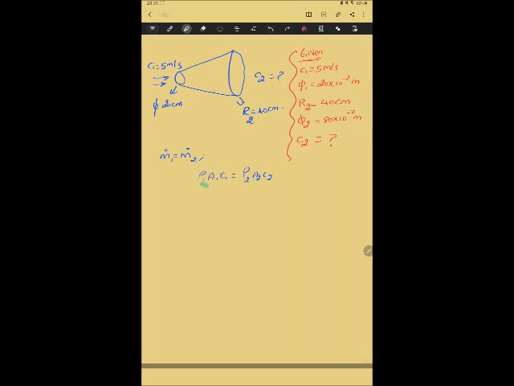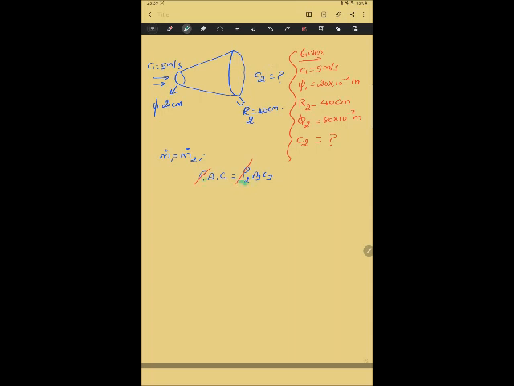Mass flow rate equation is nothing but m dot is rho A C. So I have written it as m dot 1 is rho 1 A1 C1 equals m dot 2 is rho 2 A2 C2. Since the density of the liquid entering and exiting is the same, I've just cancelled out the density.